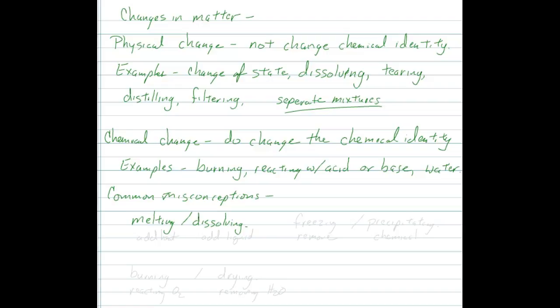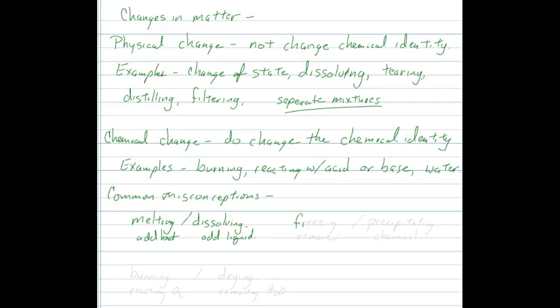They are both turning from a solid to a liquid, but melting is changing into a liquid by adding heat. Dissolving is you add a liquid, usually water, but it doesn't have to be water. So dissolving is adding a liquid, melting is adding heat. Melting has the exact same compound composition as before. Dissolving is changing it into a mixture.